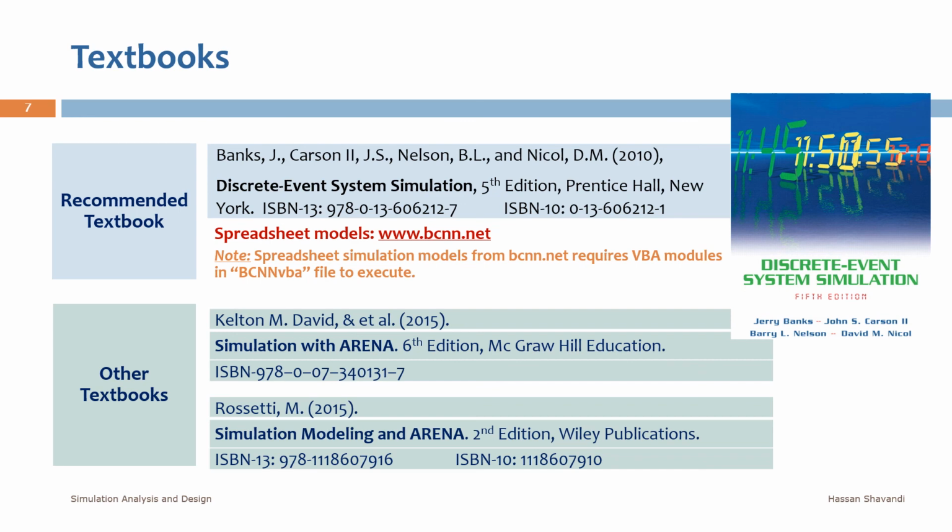The second one is our reference for the lab notes. The lab sessions will be based on this book, Simulation with Arena, by Kelton and David. So again, if you buy this one as well, that would be great. But the third one, Rossetti's Simulation Modeling and Arena, is just a supportive textbook for our course.